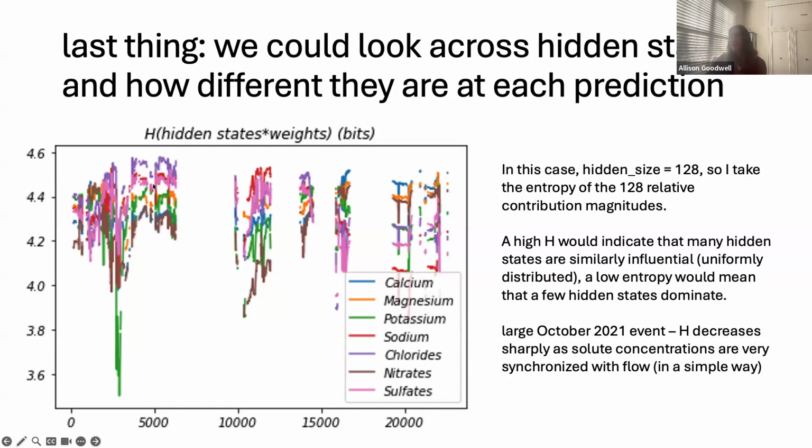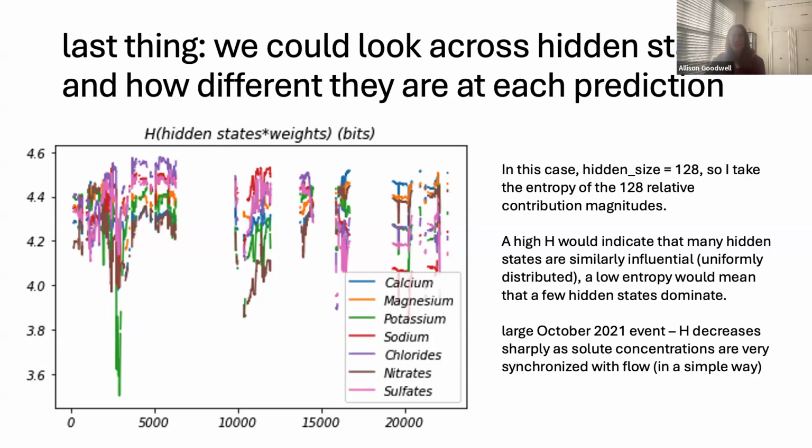This looks a little bit crazy because I'm overlaying all the solutes on top of each other. But a higher value of entropy indicates that the hidden states are similarly influential, so a lot of hidden states are having a consequential effect on the output. A lower entropy would mean just a few hidden states are dominating, so the model is simplified.